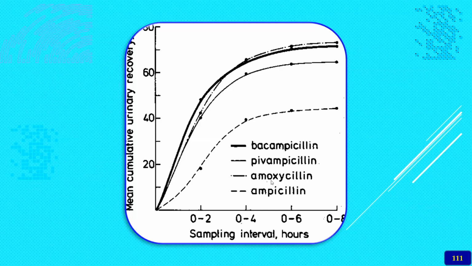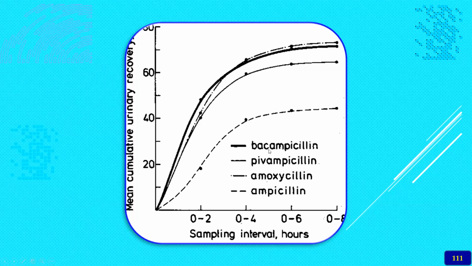So the kinetic pattern of the different drugs we have discussed is shown here. This big line is bacampicillin, then pivampicillin, then amoxicillin and ampicillin. The dotted line, the plasma concentration of ampicillin, will not reach the peak plasma level when compared to the other penicillins.